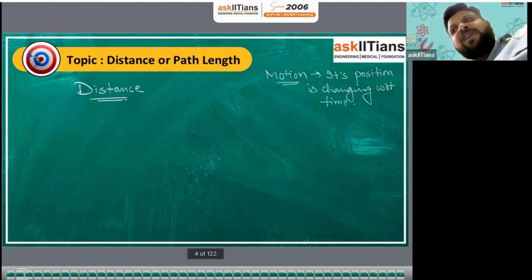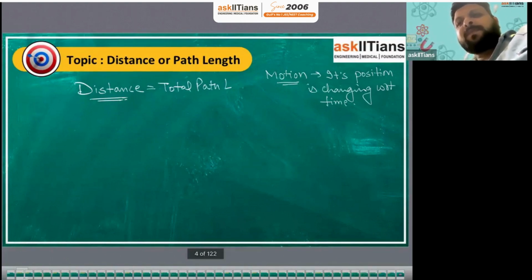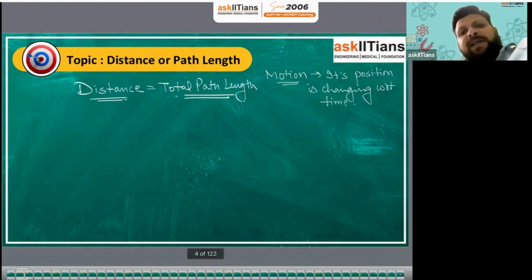Since its position is changing with respect to time, that means it is covering some distance. So distance is nothing but it is a total path length.